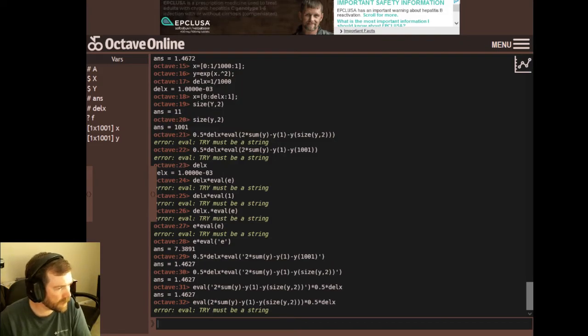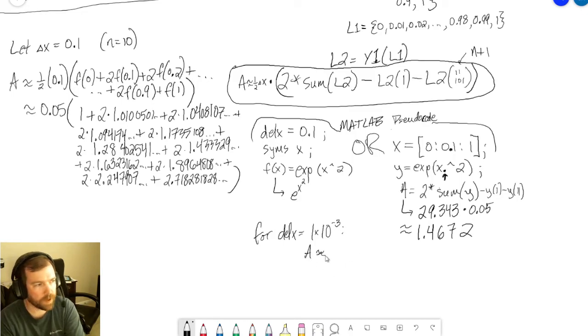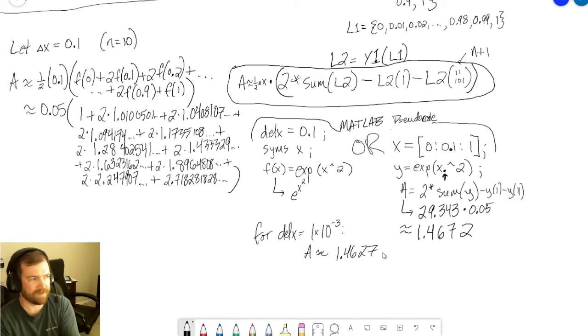Right, let's switch back. Whiteboard. So for del x equals 1 times 10 to the negative third, then we get area approximated by 1.4627. And again, you just extend the number of decimal places out, and it's fine.